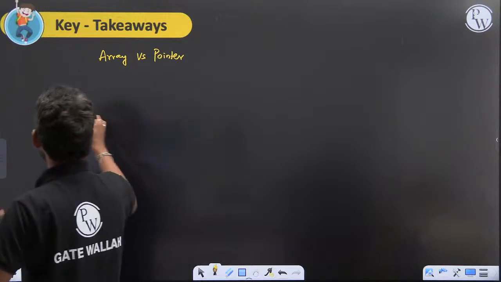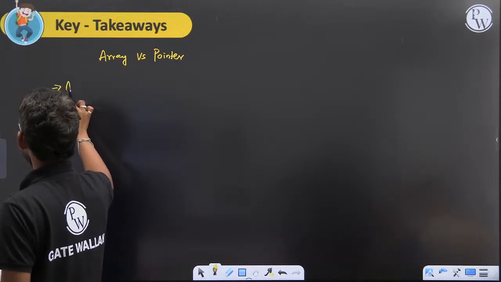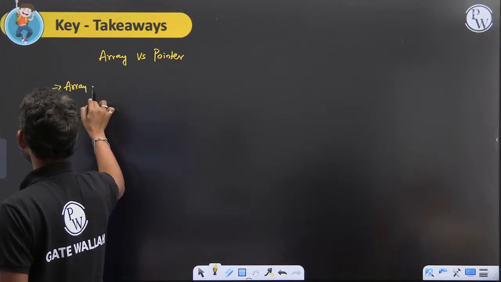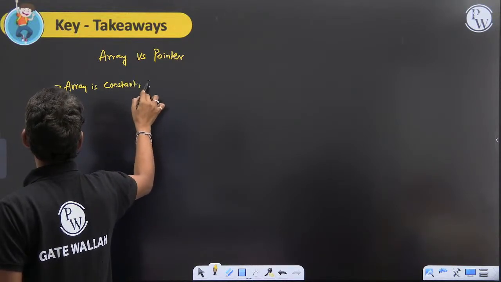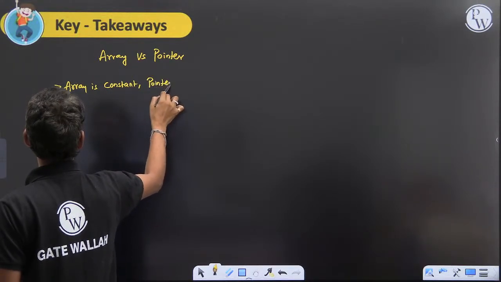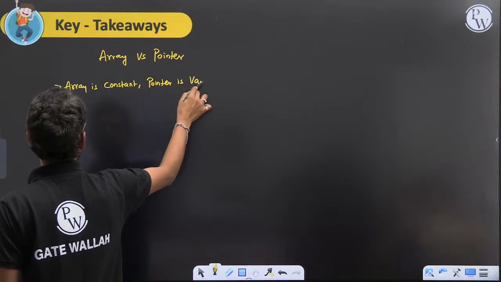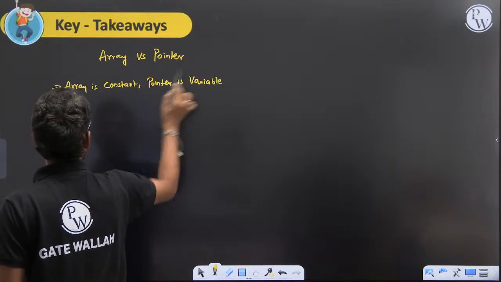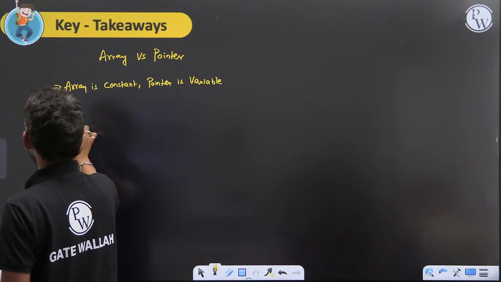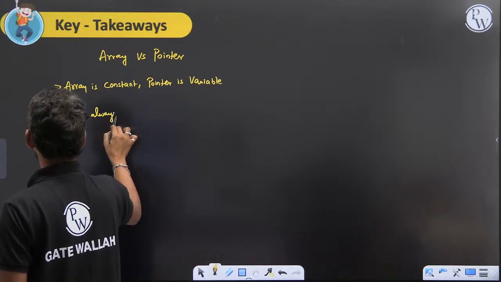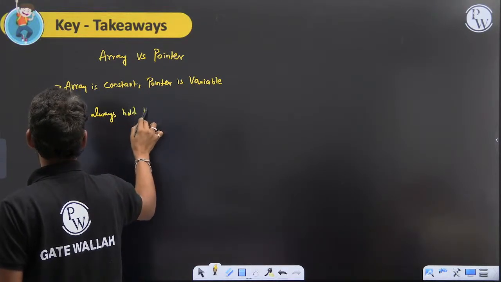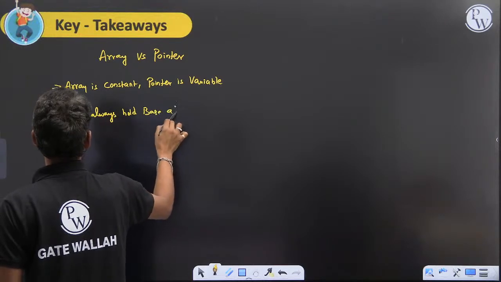So, array versus pointer means array is basically constant while pointer is variable. And array always holds the base address while pointer need not.